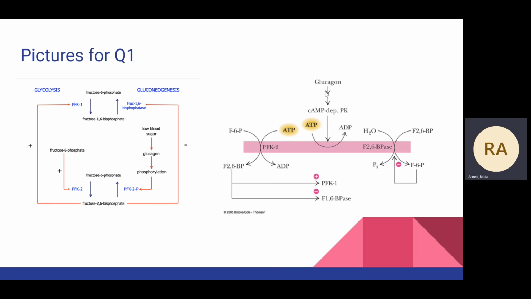And then this just kind of shows the gluconeogenesis pathway because it has to do with glucagon, fructose 1,6-bisphosphatase, and then the phosphofructokinase, how they work together.